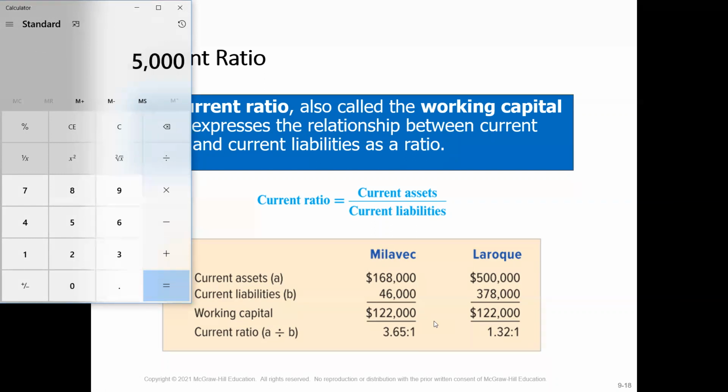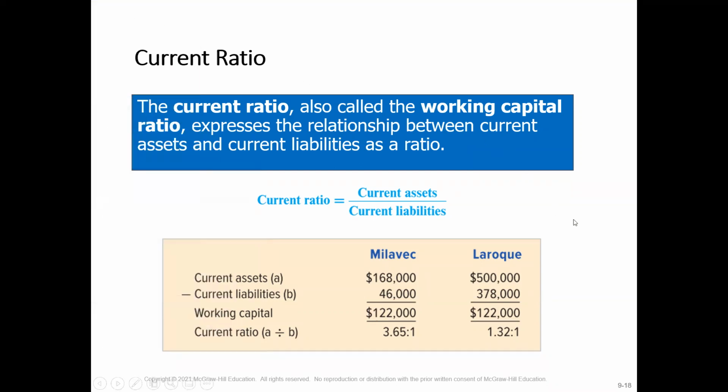Our current assets there, $500,000, divided by current liabilities of $378,000. LaRoque has a current ratio of only 1.32. So in terms of working capital ratio as a percentage, Milavec has a better percentage than does LaRoque. So that might be one item in the plus column for Milavec versus LaRoque if you were doing analysis as to whether to invest in these companies.